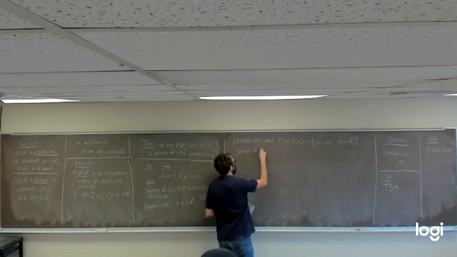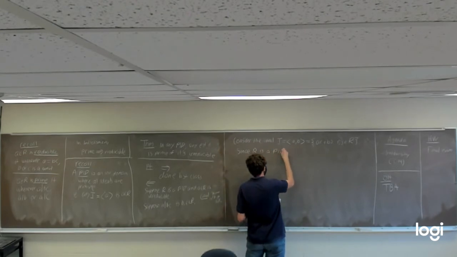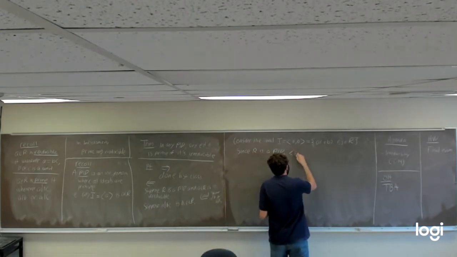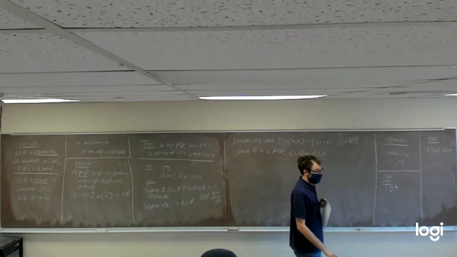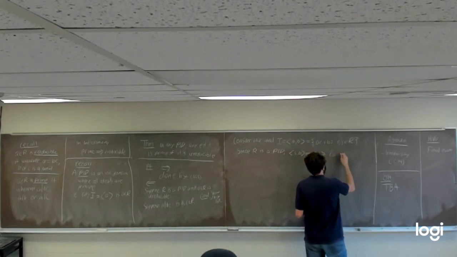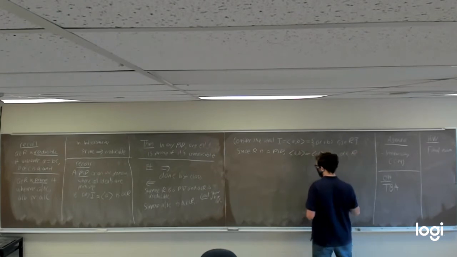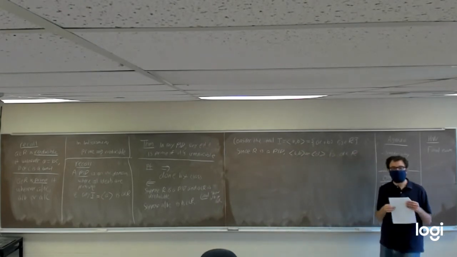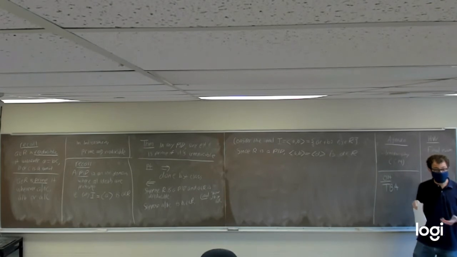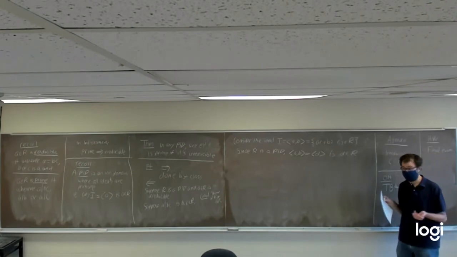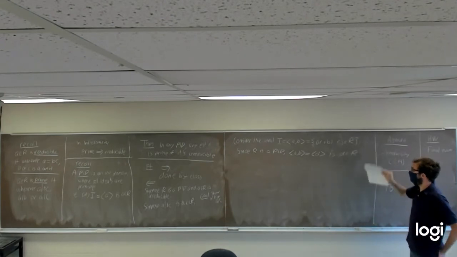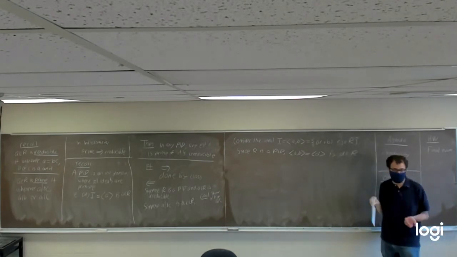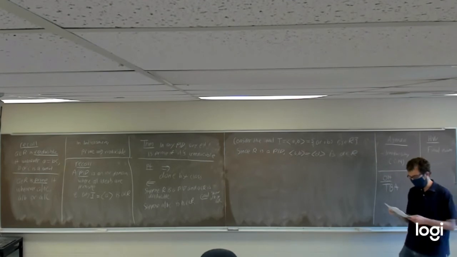Since R is a PID, the ideal generated by A and B has to be equal to the ideal generated by D for some element D in R. Here we're invoking R being a PID. If R wasn't a PID, we'd be stuck. We couldn't do anything. But we know this set of elements is equal to the set of all multiples of a single element D in our ring.